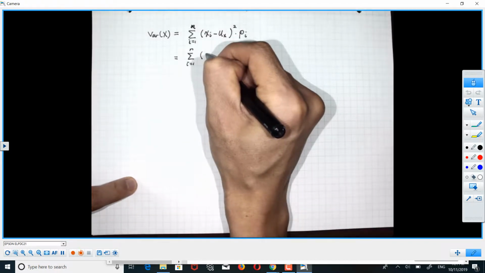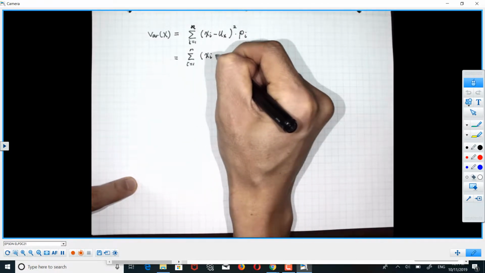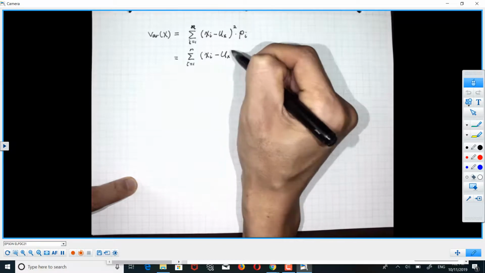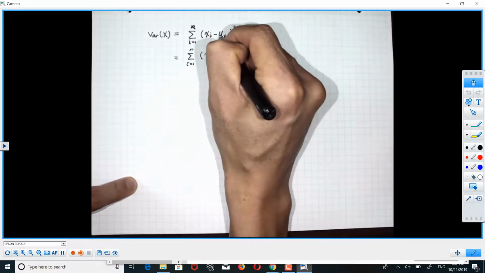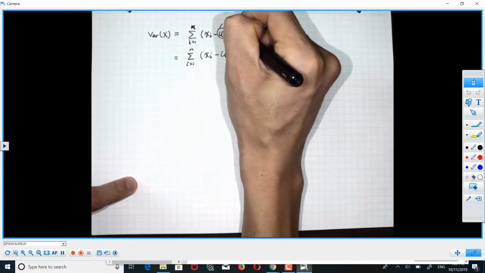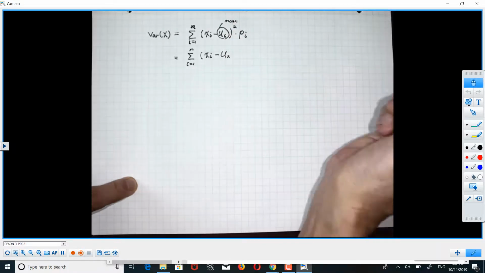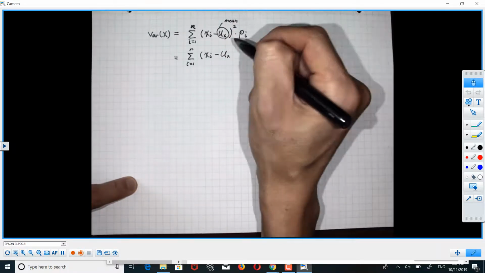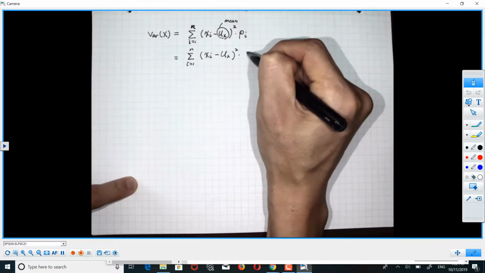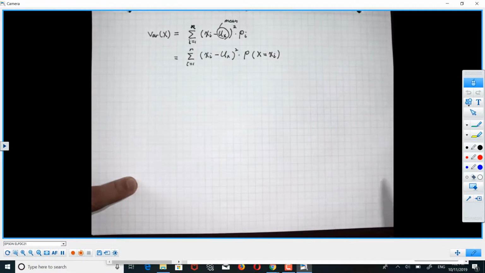So x_i minus mu x, this is the mean, squared, times the probability that the random variable x is equal to x_i.